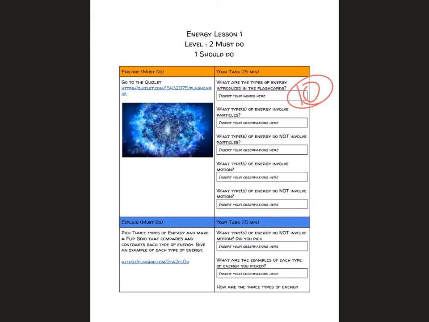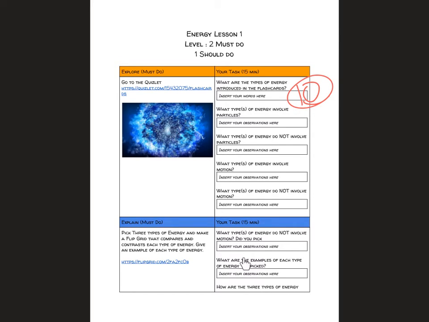And then on the sheet, you're going to tell me what 3 types of energy you picked. Now, right here on our video, this is an error, and I'm going to fix that before tomorrow. I just want to know what 3 types of energy you picked, okay? It can be any of these 10.